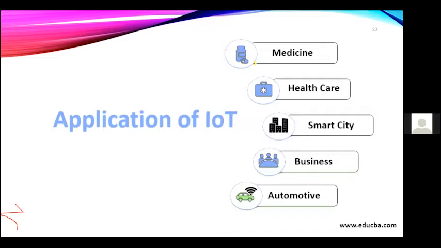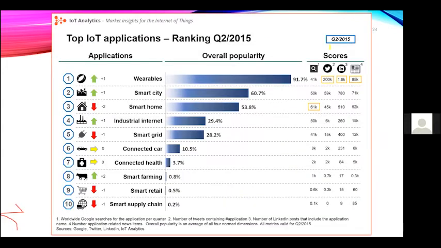So the major application domains of IoT are gathered in five sections: medicine, healthcare, smart city, business, and automotive. Today, we will be focusing our discussion on medicine and healthcare. So the top IoT application ranking for Q2 of 2015 was made with the help of four major sources. Firstly, Google search.